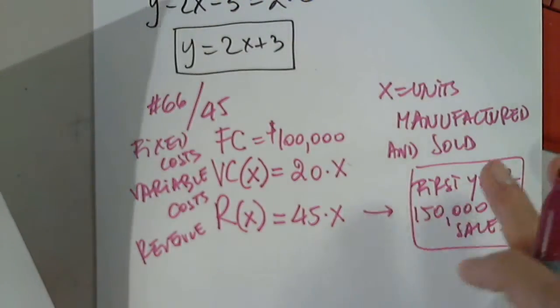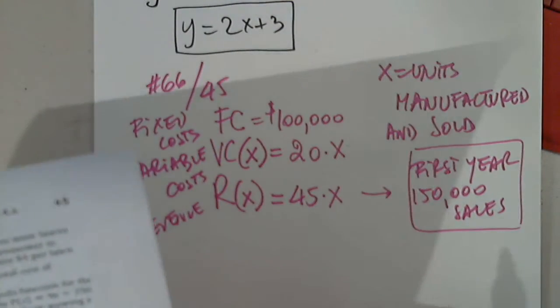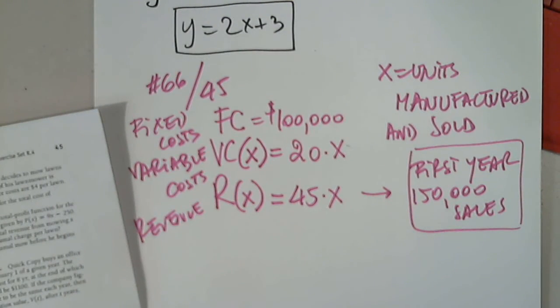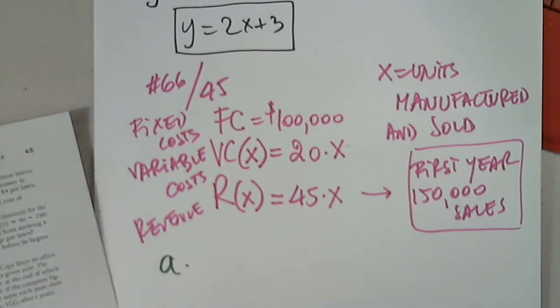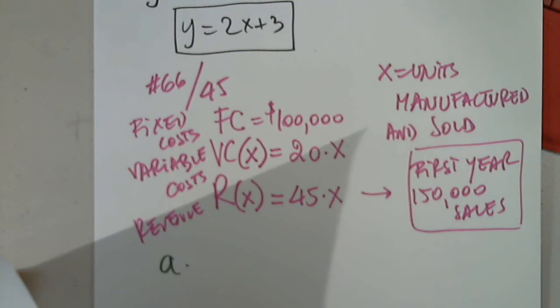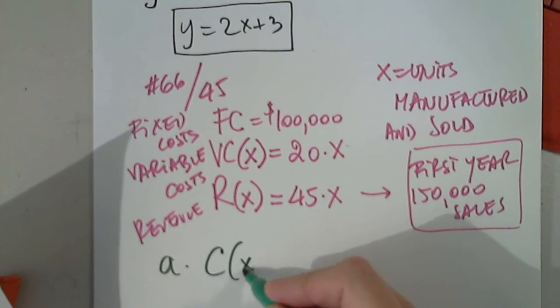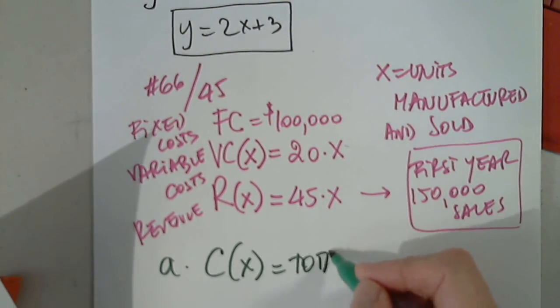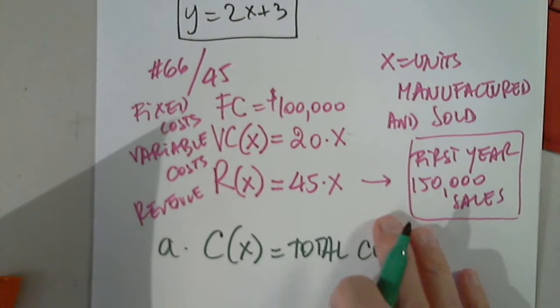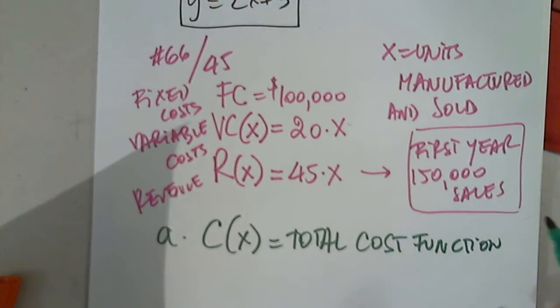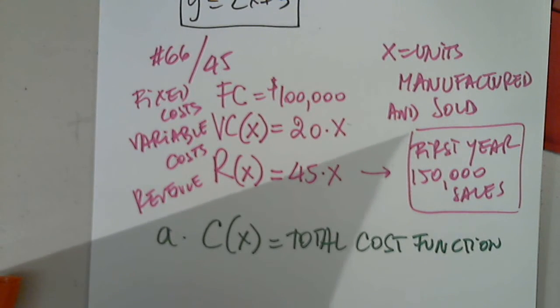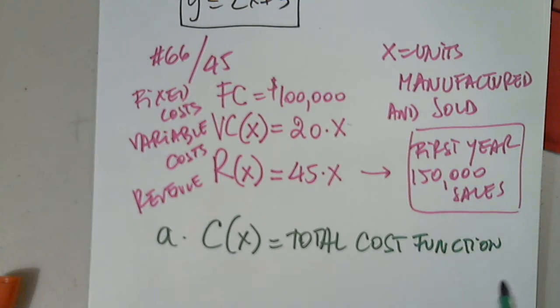Perfect. I took all my notes so far, reading the problem. I write down what I think is important. And now the first question, part A. In part A, it says, find and graph C of X. C of X is the total cost function of producing X calculators.